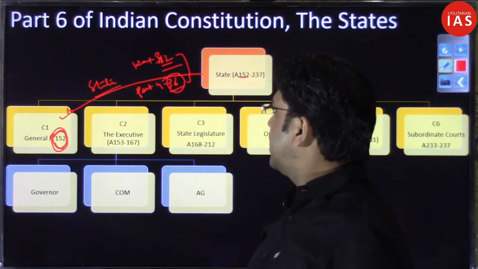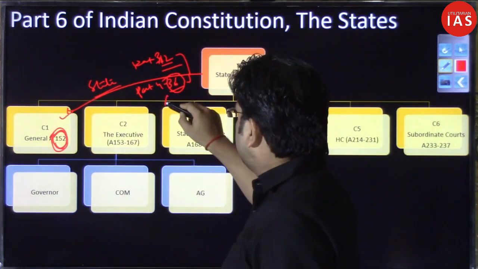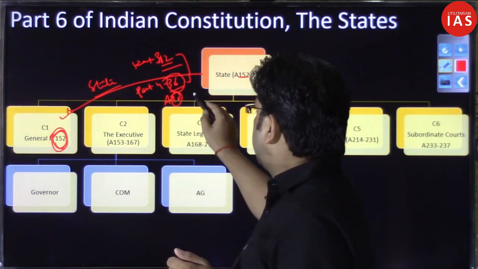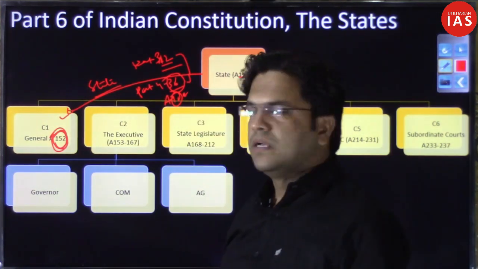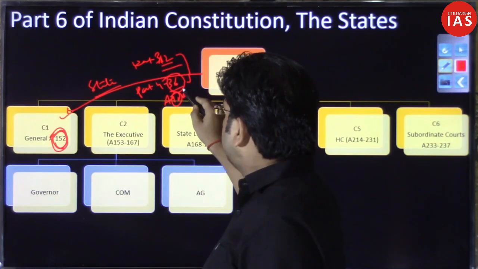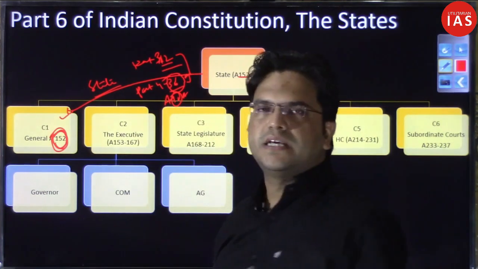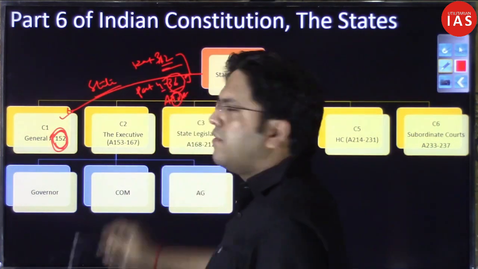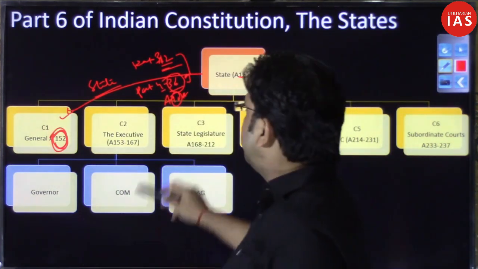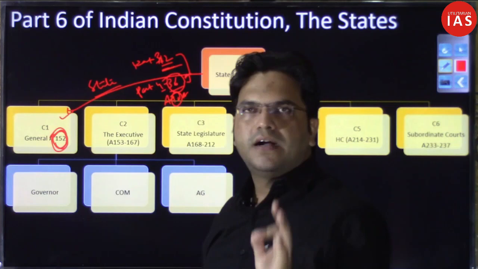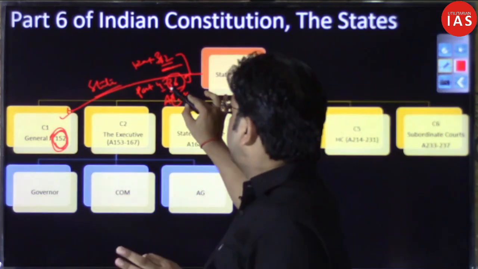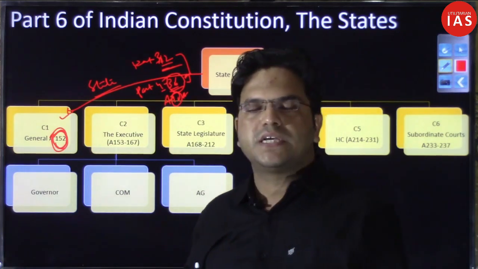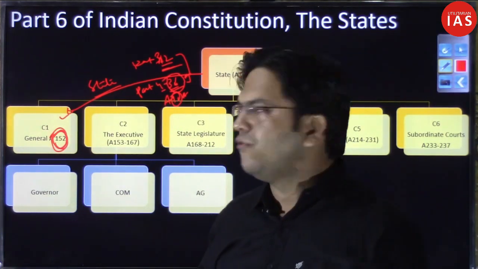While discussing Article 12, I had clearly stated that the definition of state we define in Article 12 and Article 36 will remain applicable only to Part 3 and Part 4 of the Indian Constitution. That definition will not be applicable outside Part 3 and Part 4.